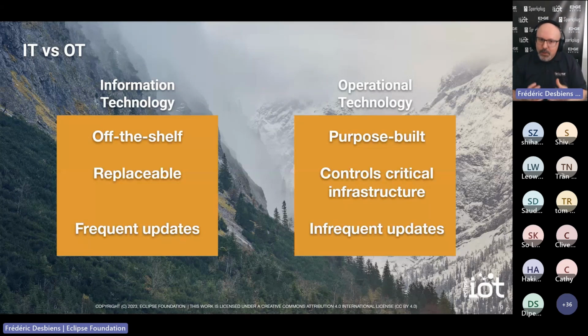You need to be very deliberate and careful about patches and upgrades and things like that, because even just an afternoon of a stoppage for a factory could potentially represent millions of euros or dollars or yens, whatever financial unit you want to use, but heavy financial losses for the organization.